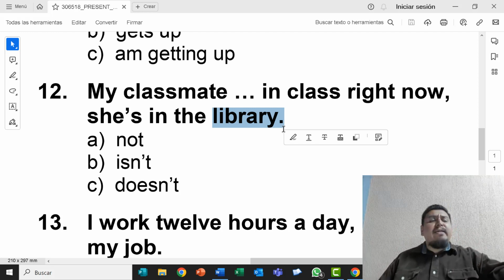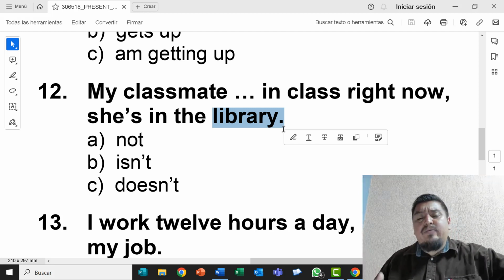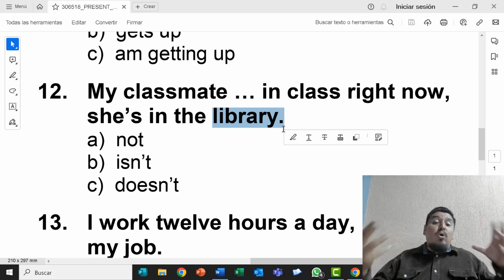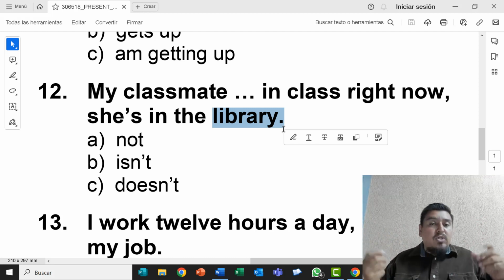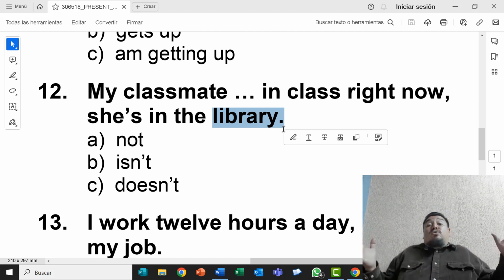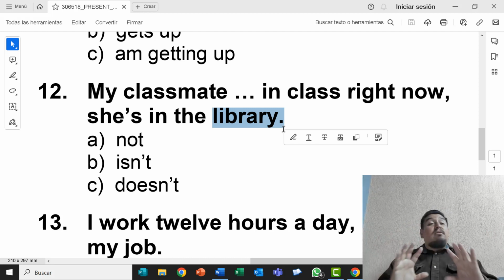Y como digo librería, so this place when you're able to buy a book and now this is yours. Well, this is bookstore, bookshop, bookstore. Bookstore is the place that you're able to buy every book you desire. But a library, no, the books are not yours.